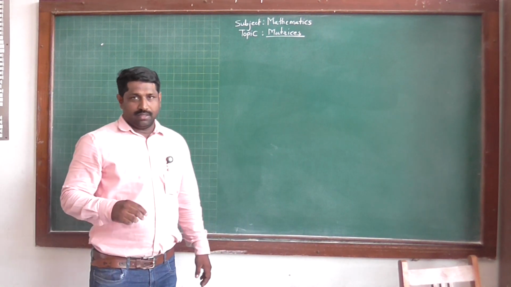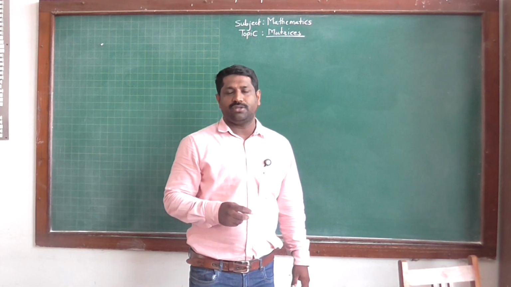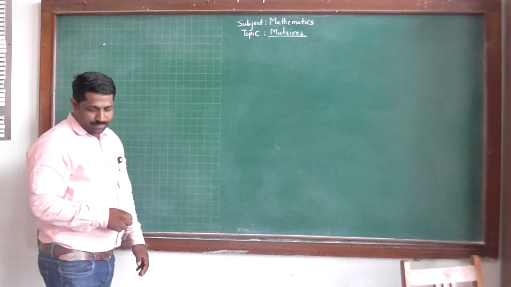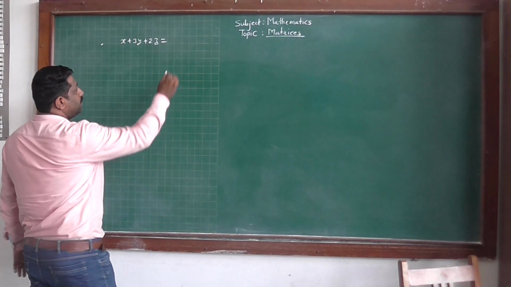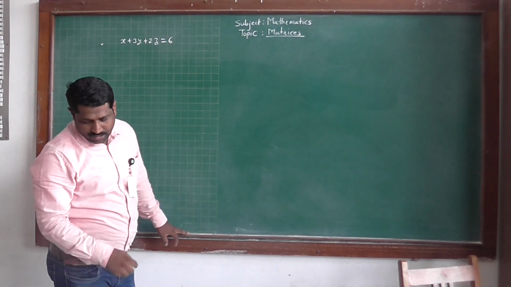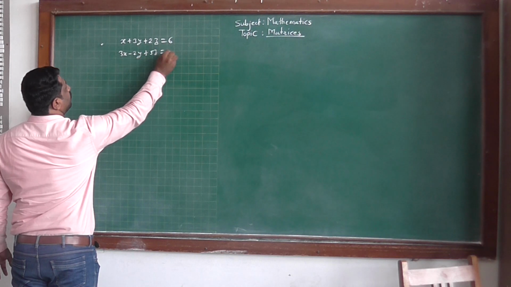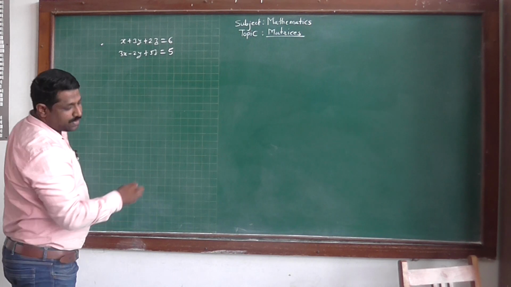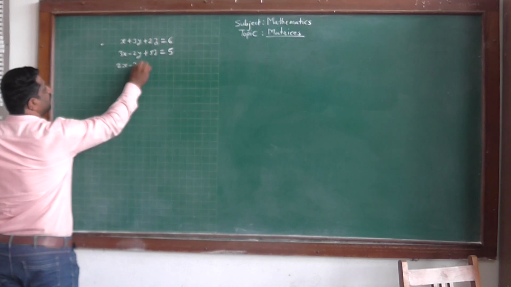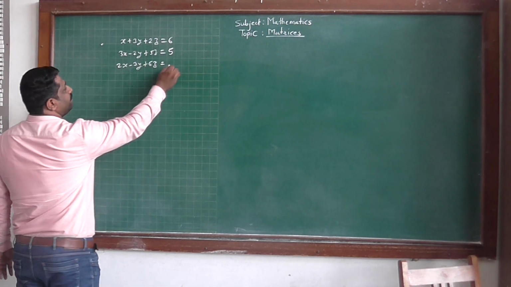Now we solve a system of linear equations in 3 unknowns by the method of reduction. Consider the example: x plus 3y plus 2z is equal to 6, 3x minus 2y plus 5z is equal to 5, and last, 2x minus 3y plus 6z is equal to 7.